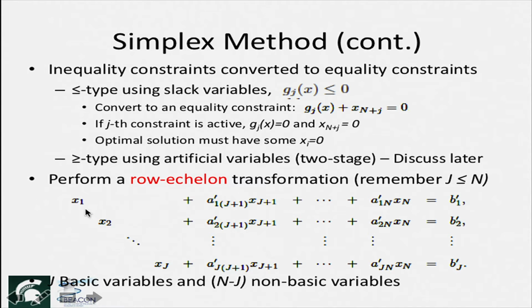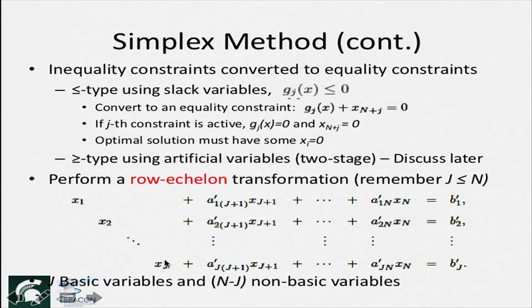So x1 is called the basic variable representing constraint number 1. x2 is another basic variable. See, its coefficient is 1 and it's not appearing anywhere else. Similarly, x3 for the third, and so on and so forth, xj for the jth constraint.